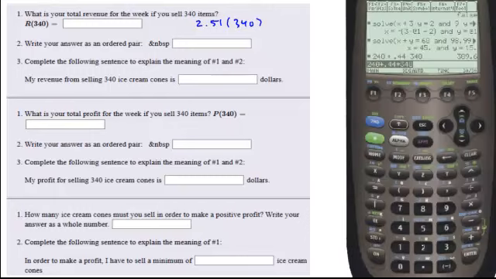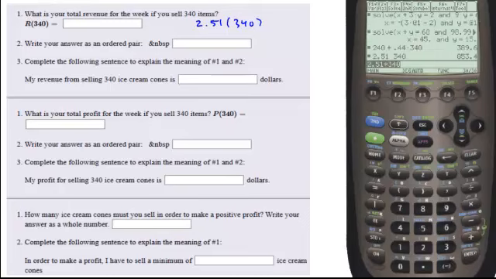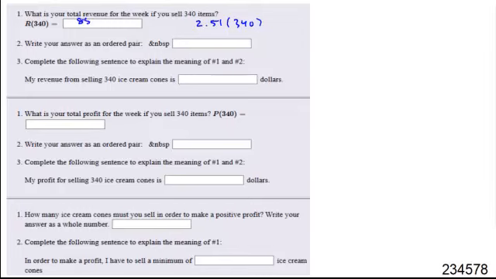Again, if I calculate that, I get 853.4. So your answer as an ordered pair would be 340 as my input yields an output of 853.4. And so my revenue from this is going to be 853. So again, just interpreting that information.